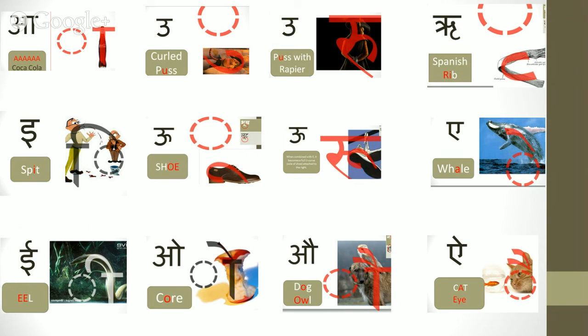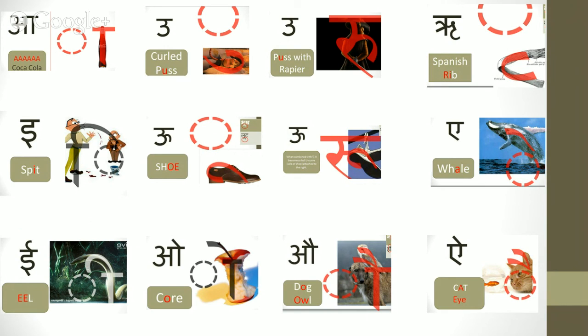Then we have A, the whale, gigantic whale. We have E in eel. Then O in core, O and ow in dog, owl, awesome. And then I in cat, I, right?